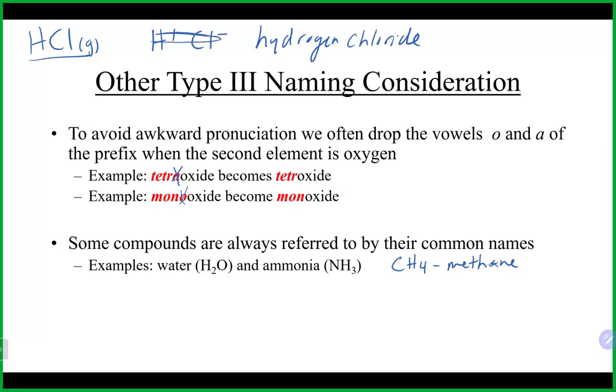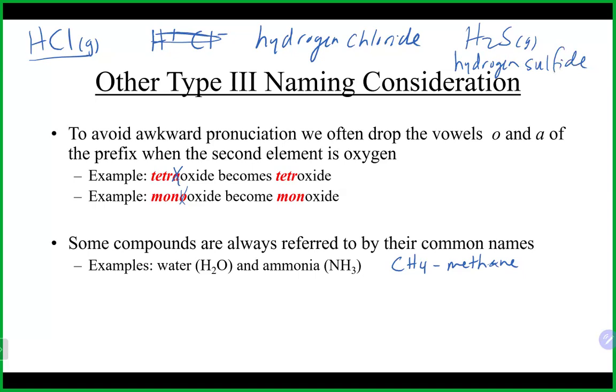Even if you had more than one hydrogen, like H2S gas, a little hydrogen sulfide gas, which you never want to smell. Well, you might smell it when you go to 1B, but hopefully you don't want to do that. But this would also be basically hydrogen sulfide gas. So that's sort of an exception.